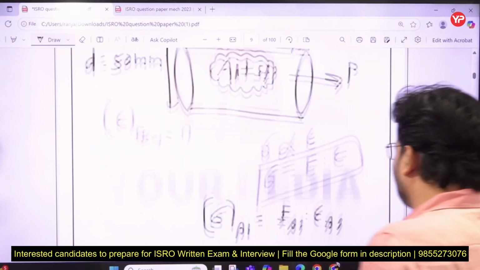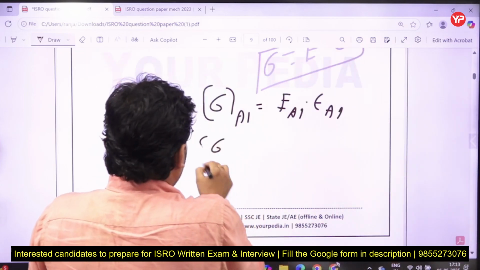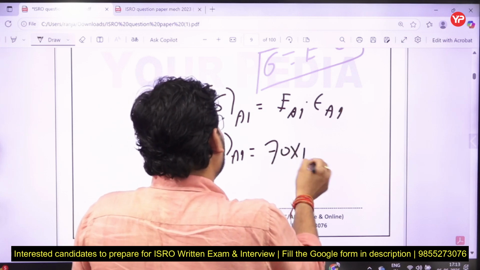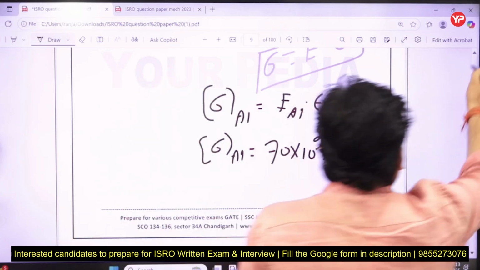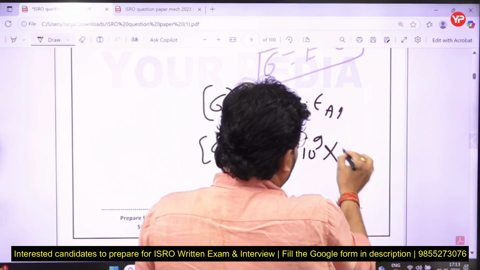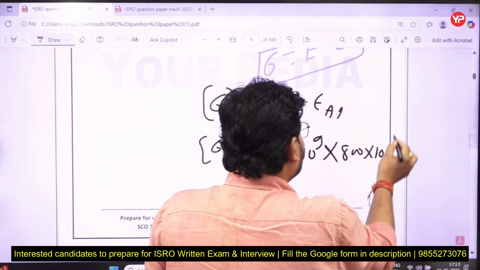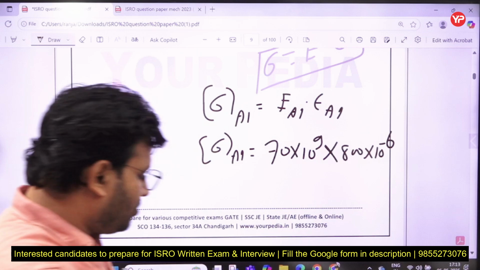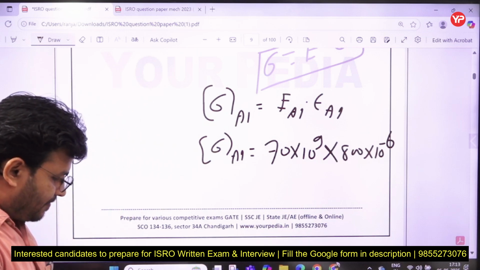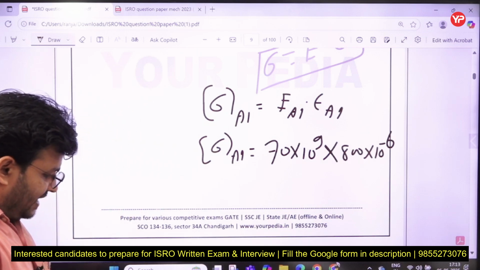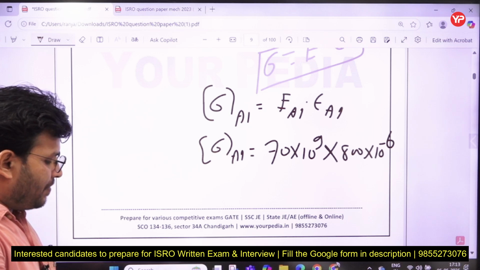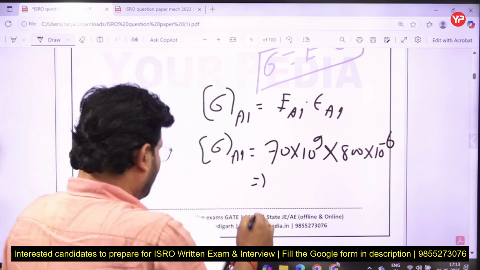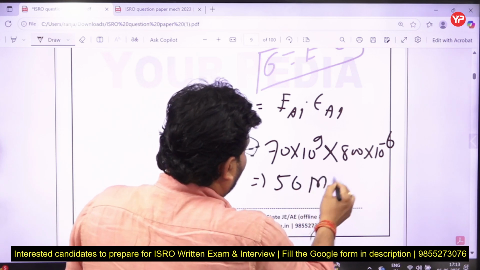So the stress developed is 70 times 10 to the power 9 times the strain, which is 800 micro, meaning 800 times 10 to the power minus 6. From that we get the stress value. By solving that, the value comes out to be 56 megapascal.